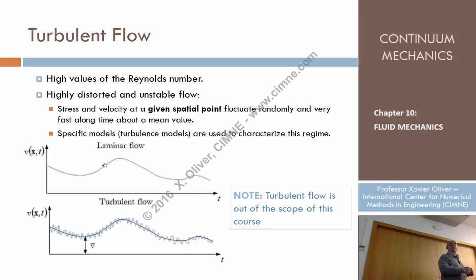Laminar flow is the one that we use, and it is characterized by the motion of the particles tending to be parallel for different particles. Also, the velocities along time are smooth. They can be high or low, but they are smooth.